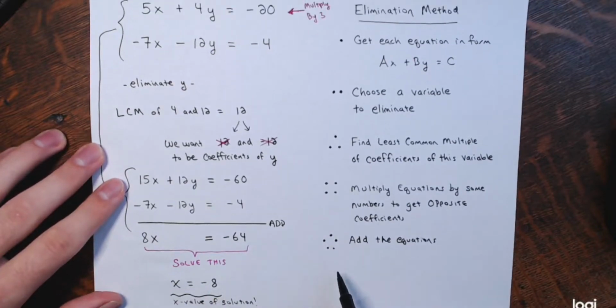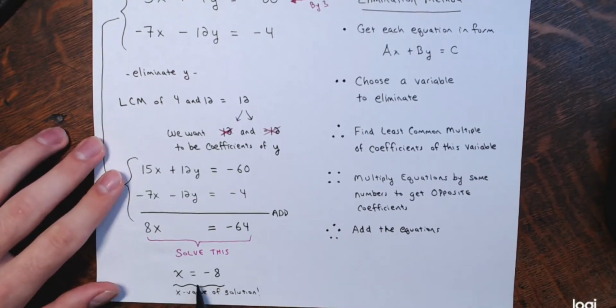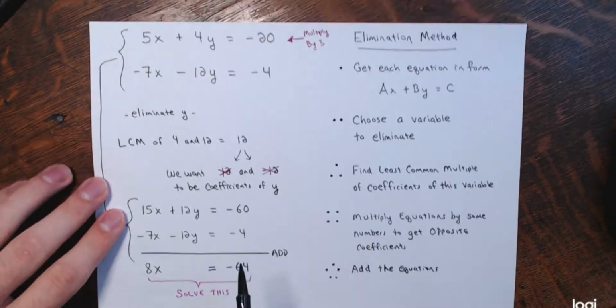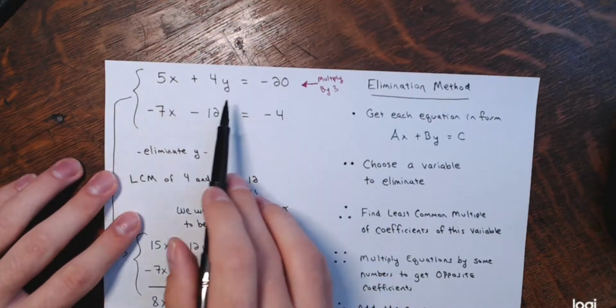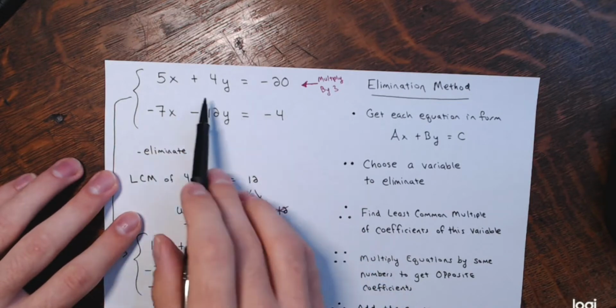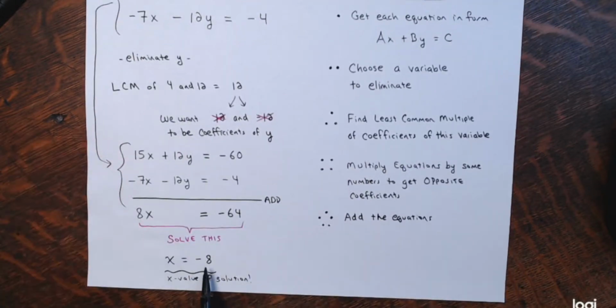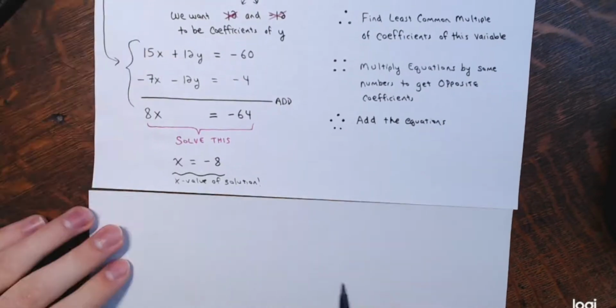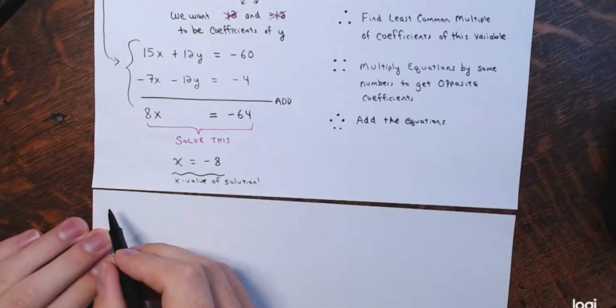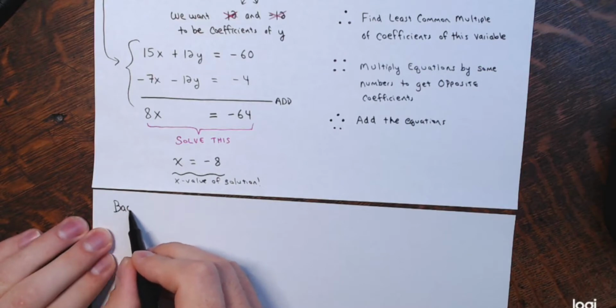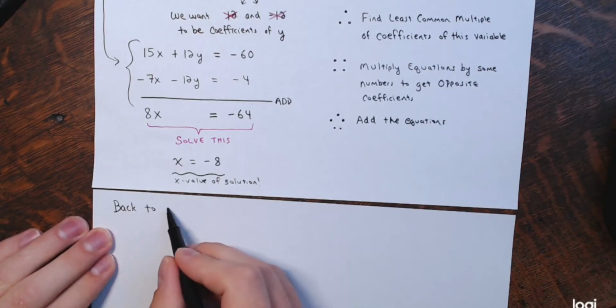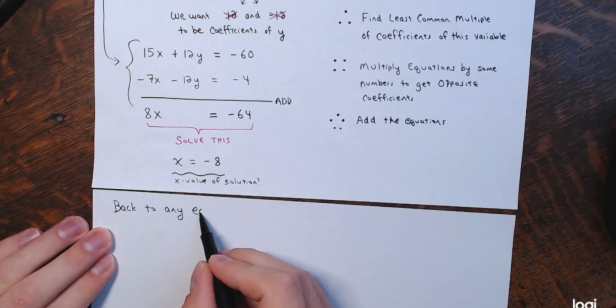And then the last step is go back to any equation with x and y in it. So the first equation, the second equation, right? Go back to any equation with x and y in it, replace x with negative 8, and solve for y.